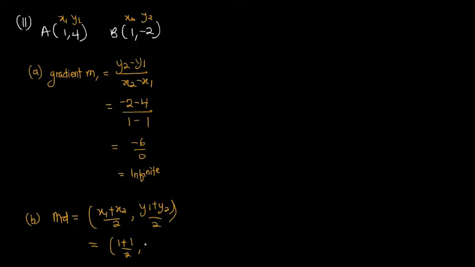And then my y1 is 4, plus my y2 is -2, on 2. So this will give me my midpoint to be equal to 1 plus 1 is 2 on 2, comma, 4 minus 2 is 2 on another 2. So therefore my midpoint for the points A and B is 1, 1.